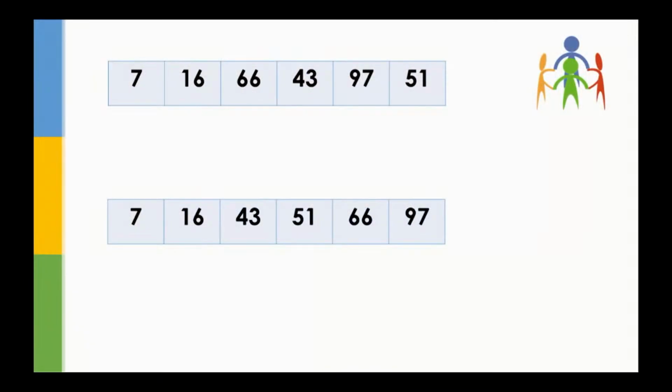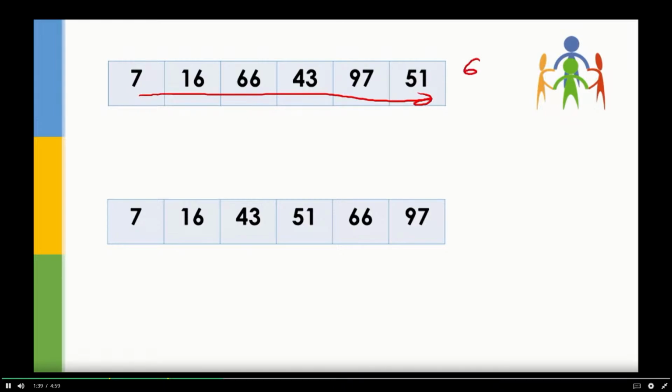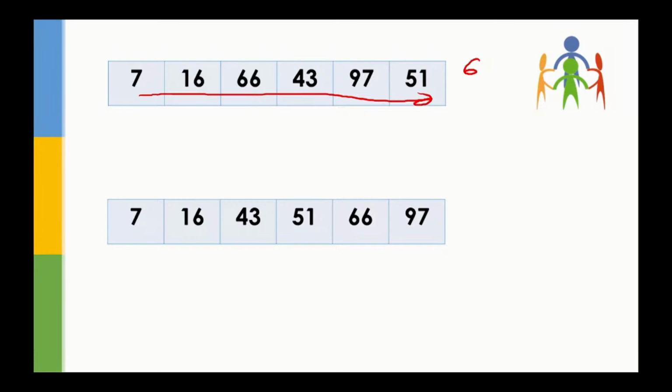What we'll do now is just walk through both of these arrays and apply a selection sort to each of them. So in the first array, we're going to do a pass. We're going to look at all the elements, and we're going to see what the smallest element is. This is going to require us to look at all 6 elements. And then we're going to find that 7 is the smallest, and we're going to put 7 in the very first spot, which is where it is already.